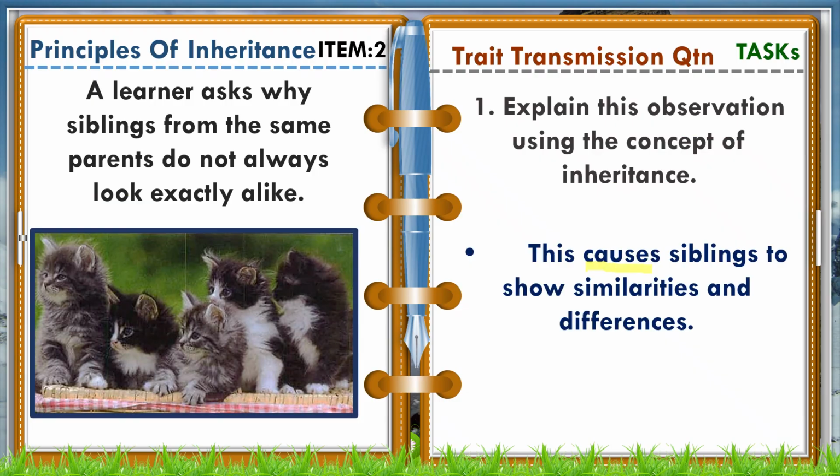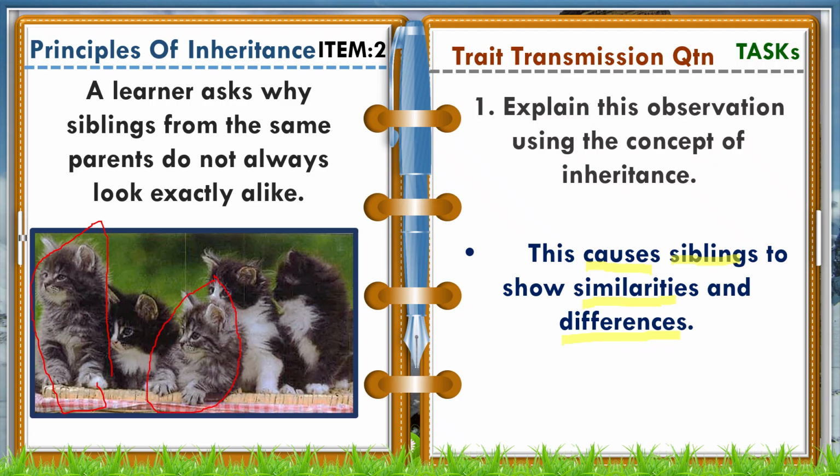This causes siblings to show similarities and differences. So we looked previously at the combination of genes provided. It will cause some of them to look similar, like that one and that one.